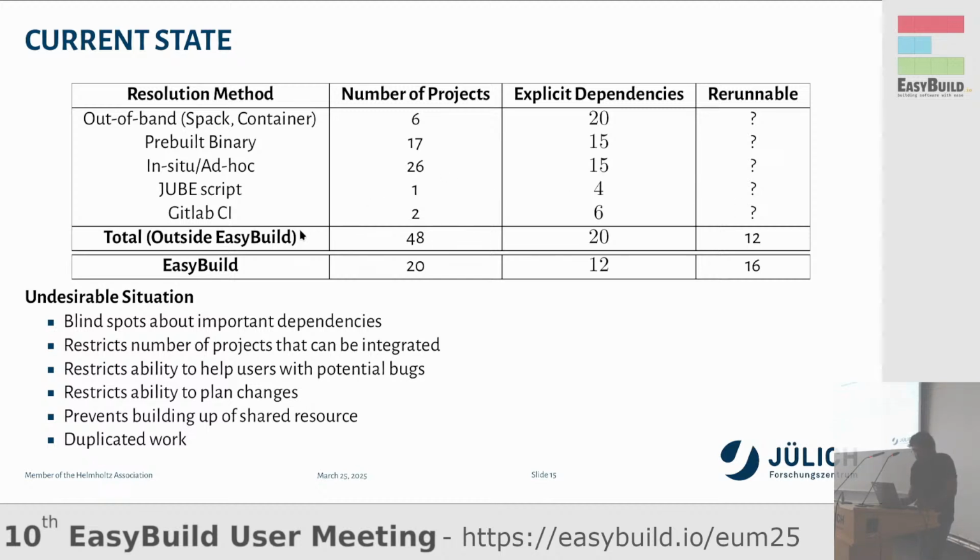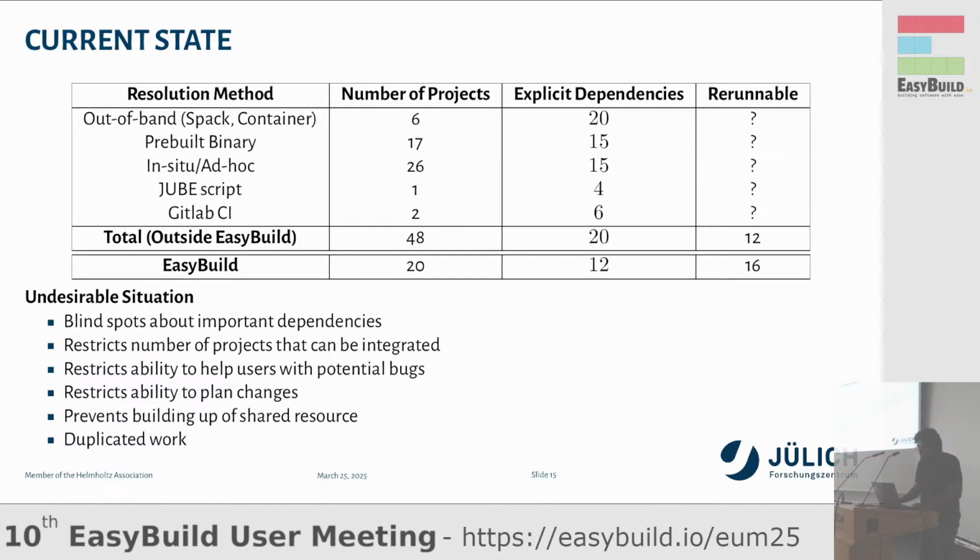But then there were 48 applications which were using the EasyBuild components for compilers and then an MPI, but a lot of applications used dependencies from outside. Some of them were using out-of-band approaches completely, so they were using containers or Spack.